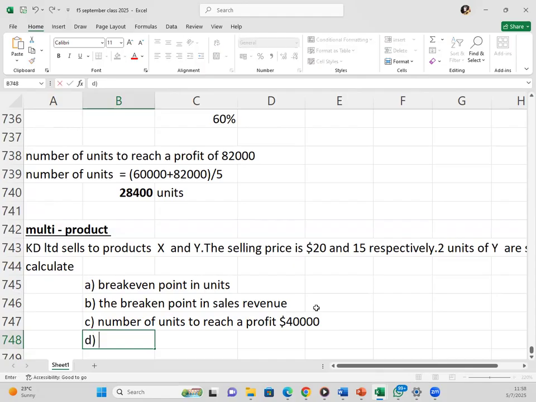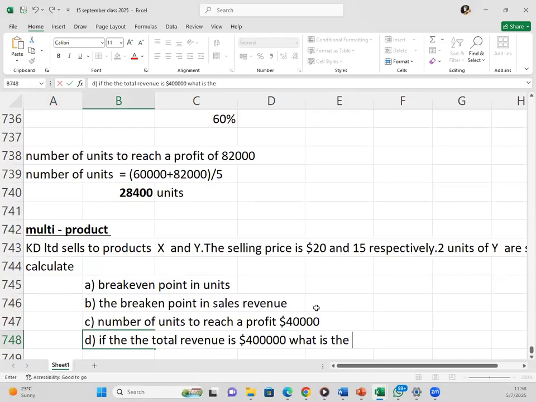D, if the total revenue is, let's just say 400,000, what is the break-even point?